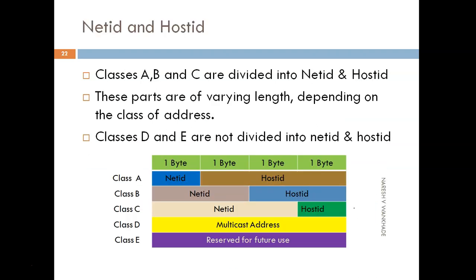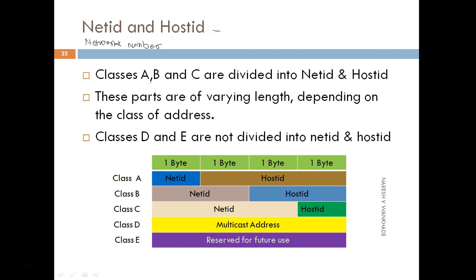Here we have two basic entities related to IP address: net ID and the host ID. Net ID stands for network ID. It is also known as network number, and host ID is also known as host number.